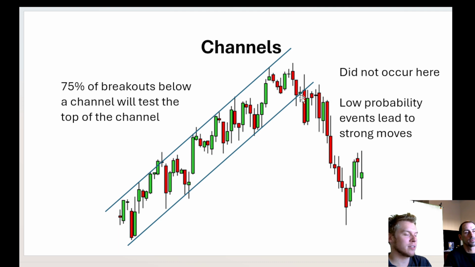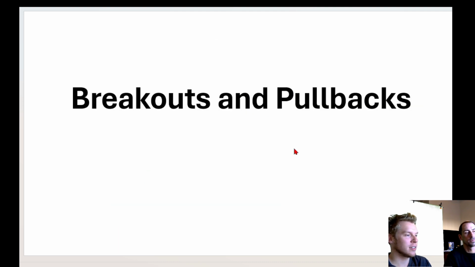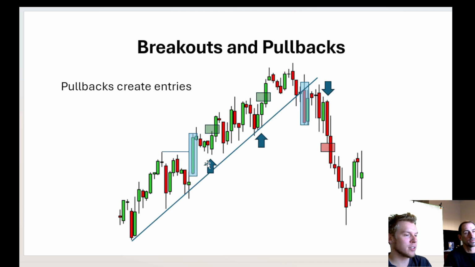Another way to look at this is, actually I think I have it on the next chart. So this is the same chart. What I want to look at here is the breakouts. So I have the breakouts drawn in these kind of blue boxes.